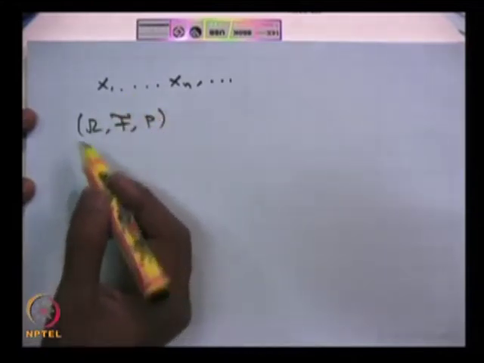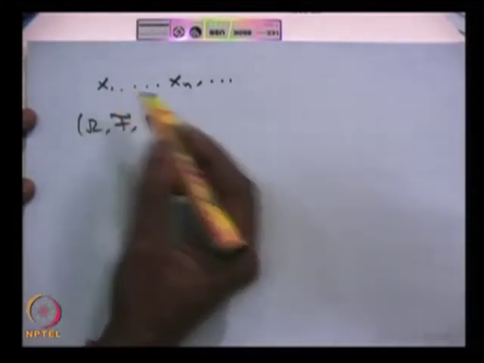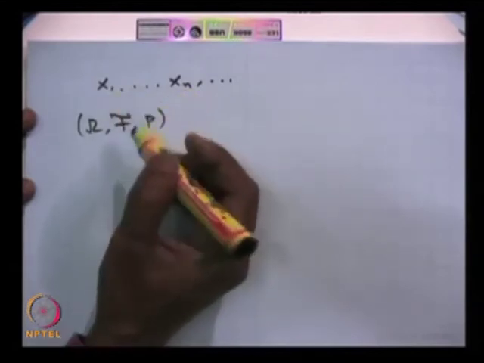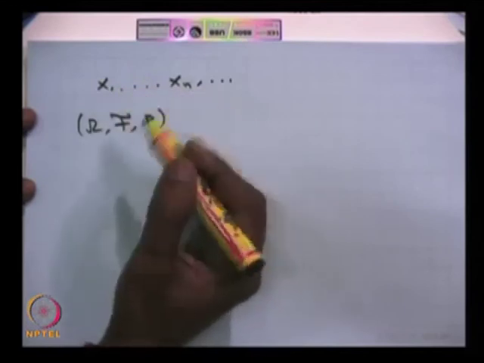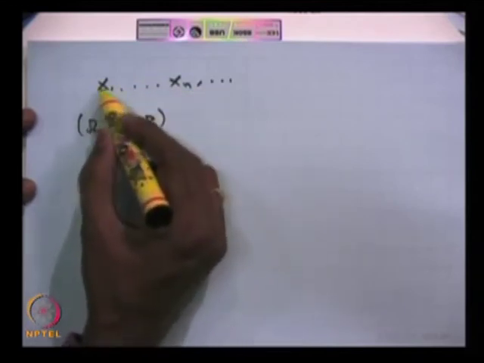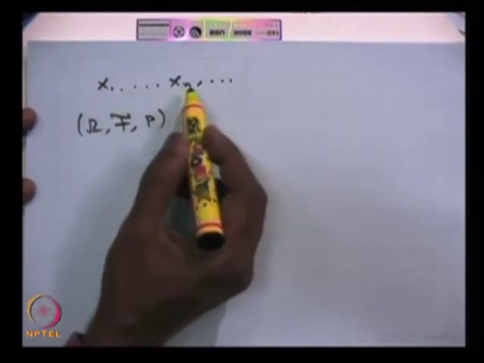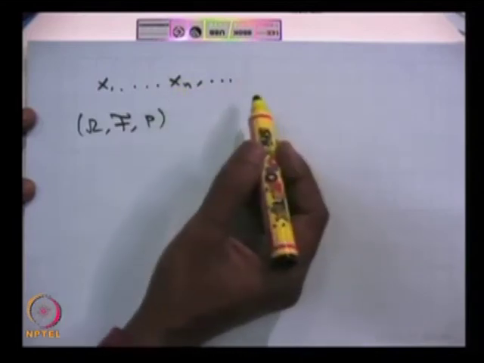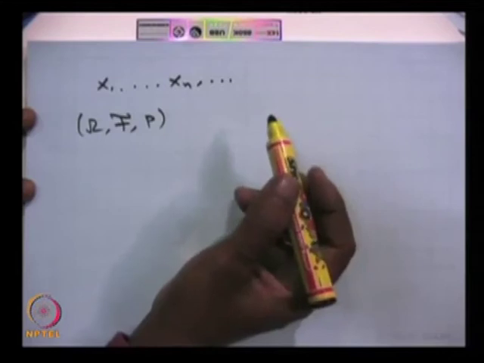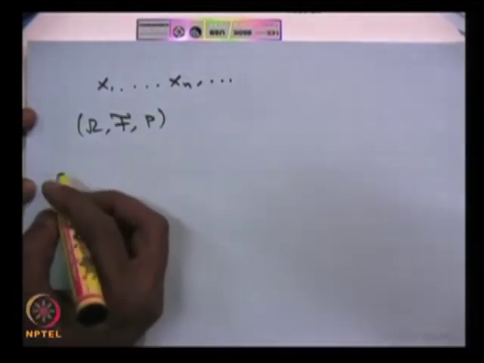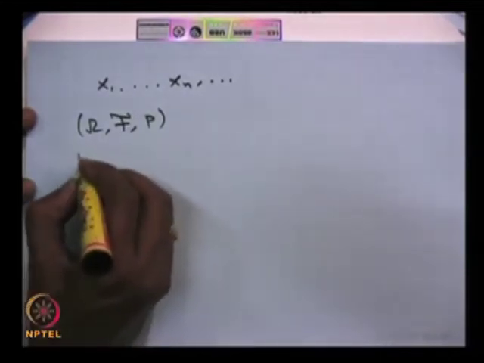Once you are able to create many random variables, our issue is the convergence of a sequence of random variables. If you know the distribution of each random variable, what could be the distribution of the random variable Xn as n tends to infinity? In this we are going to discuss different modes of convergence.